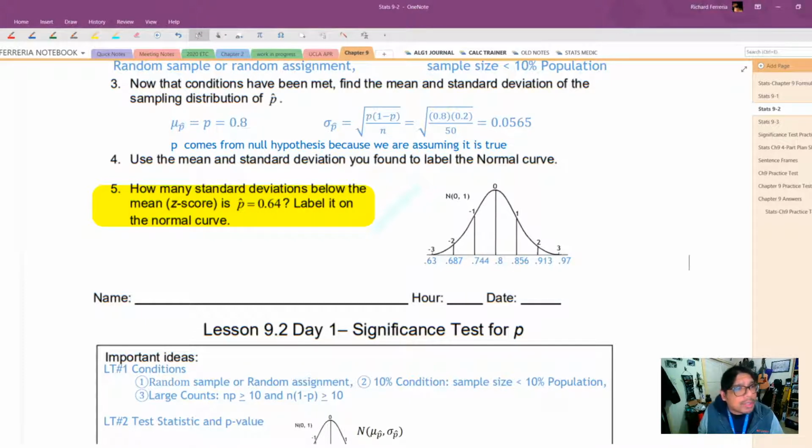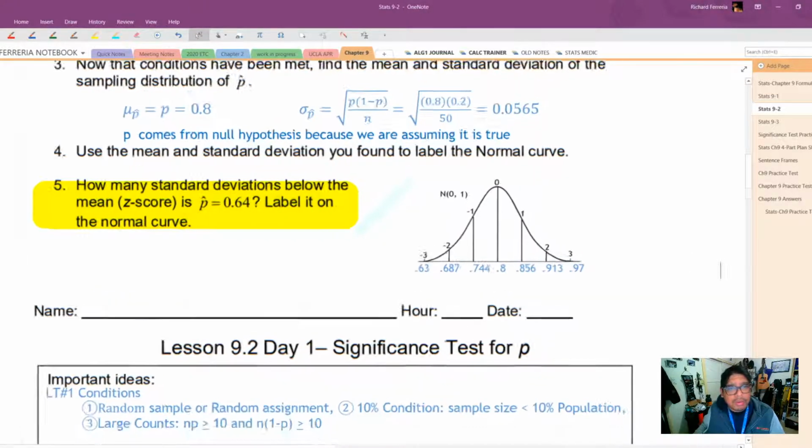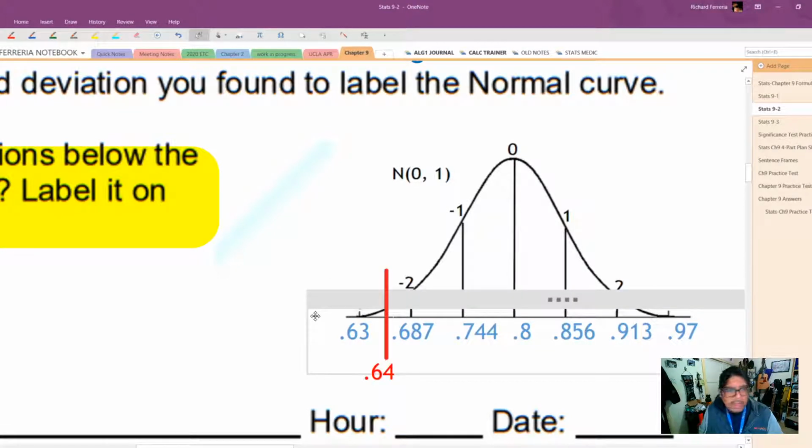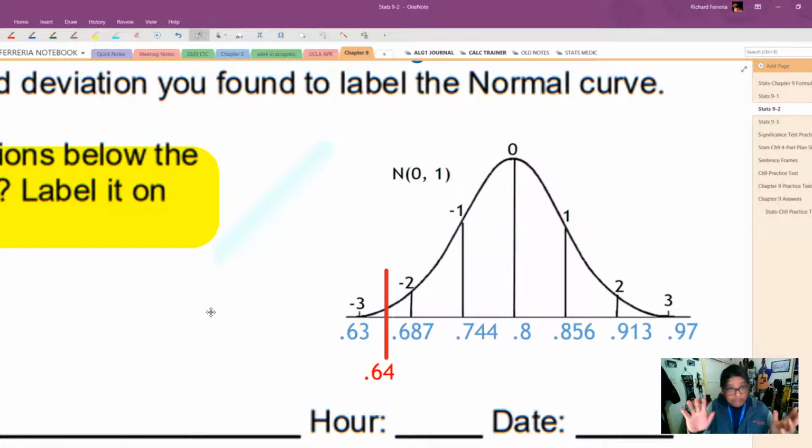Okay, so we're supposed to label 0.64 on the graph, and that's going to be somewhere between -3 and -2 standard deviations. Let's zoom in there. This right here gives you a little bit of an idea about where 0.64 lies in the normal curve.